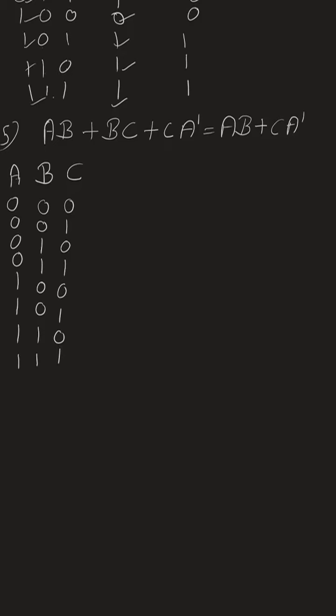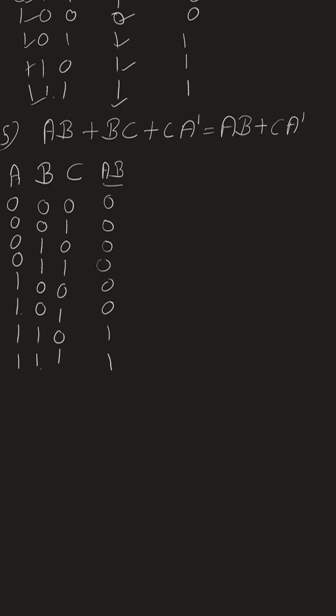Okay, now we need A multiply with B, so you can write down here AB. So A multiply with B: 0 multiply 0 is 0, 0 multiply 0 again 0, 0 multiply 1 is 0, 0 multiply 1 is 0, 1 multiply 0 is 0, 1 multiply 0 again 0, 1 multiply 1 is 1, and 1 multiply 1 is 1.